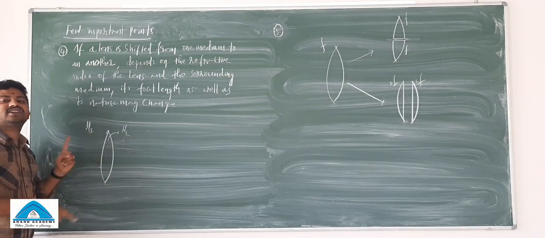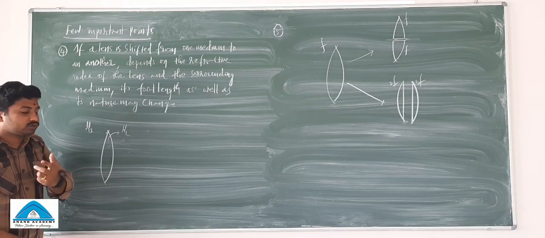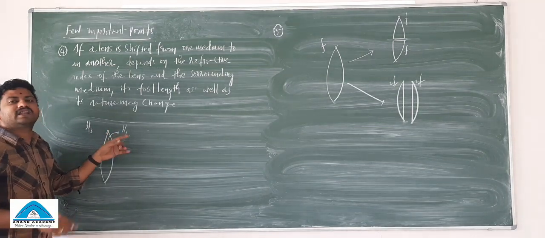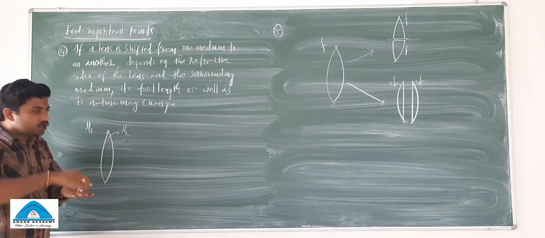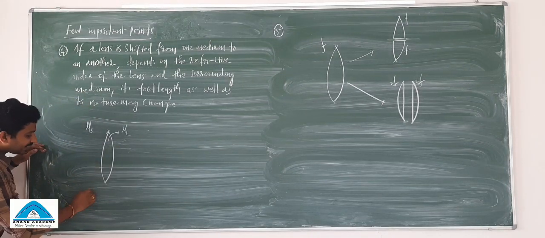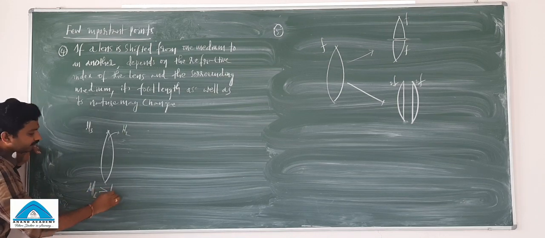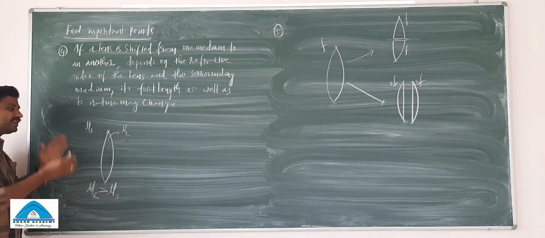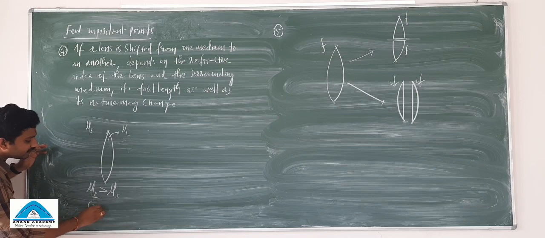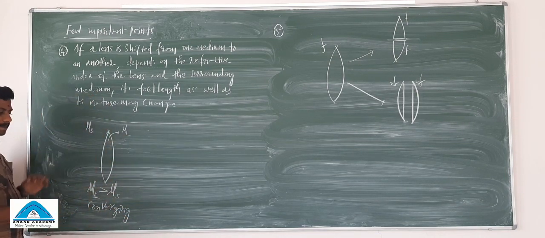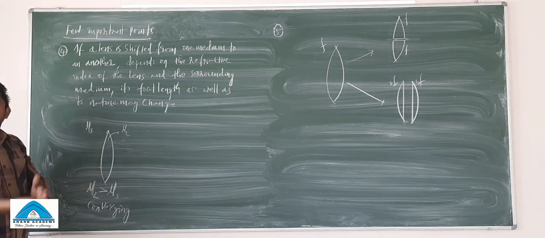Air refractive index is 1, right? So the refractive index of the lens is definitely more than 1. When the refractive index of the lens is greater than the refractive index of the surroundings, the nature of the lens is converging.